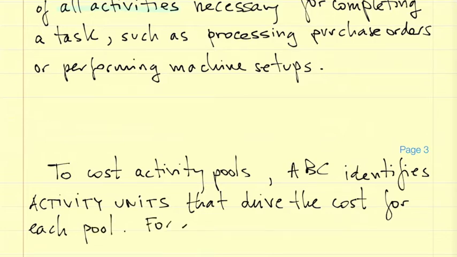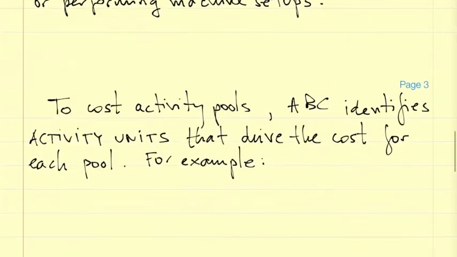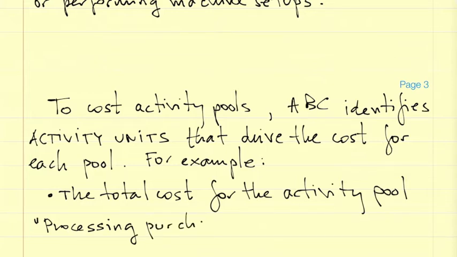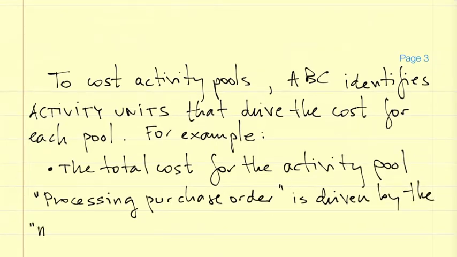For example, the total cost for the activity pool processing purchase order is driven by the number of purchase orders processed.